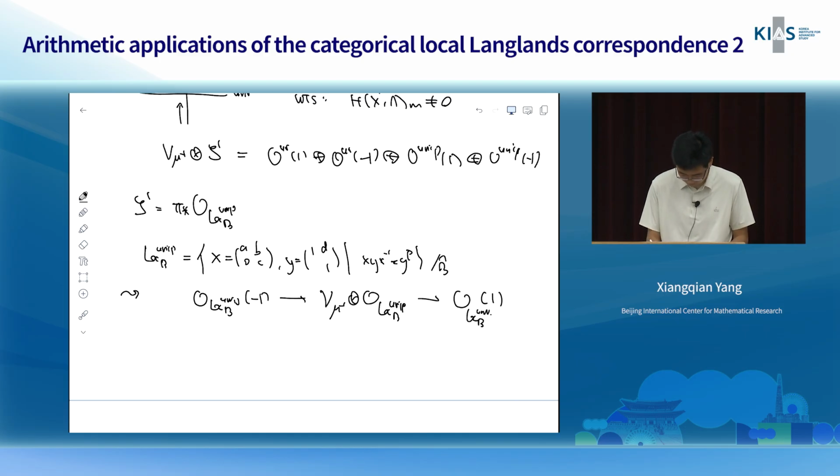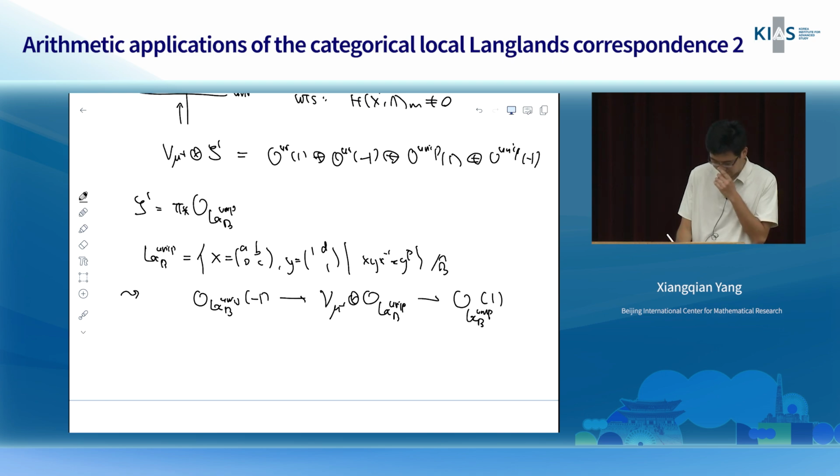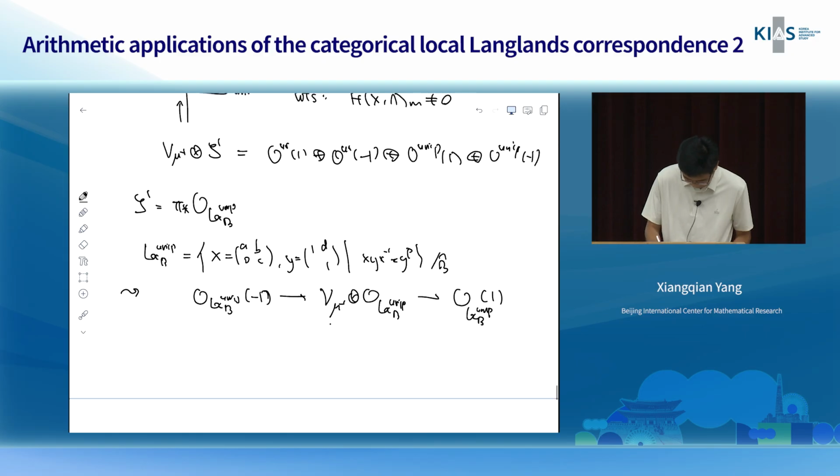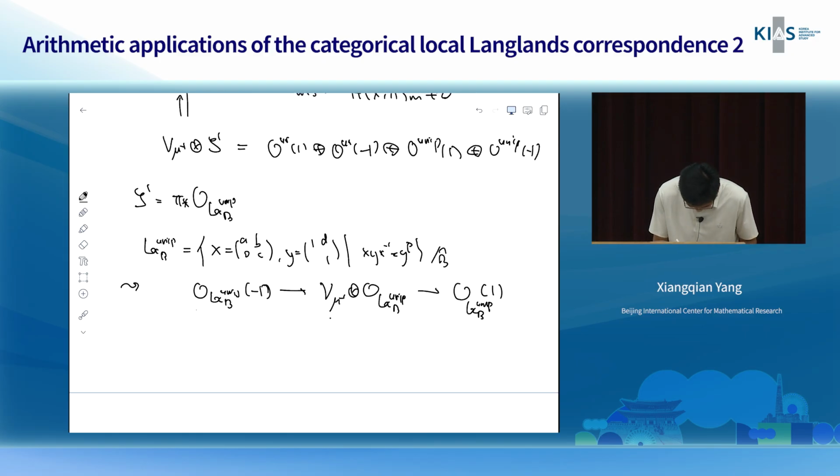This is because if you restrict to B, it will create a filtration. And there's also a map D which sends O on B unipotent to O minus 1 on log B unipotent.